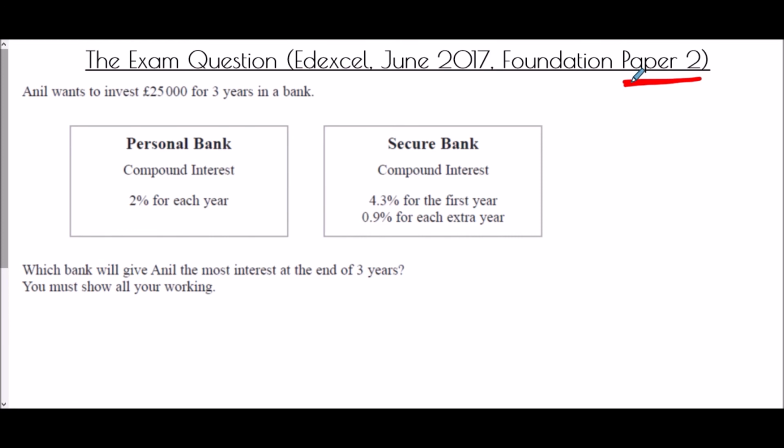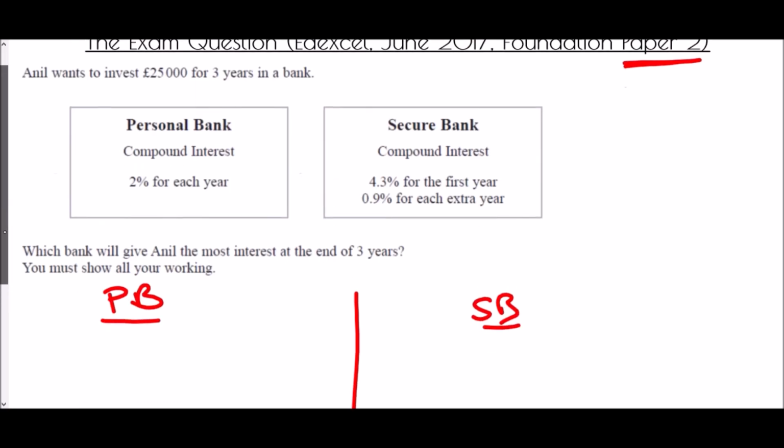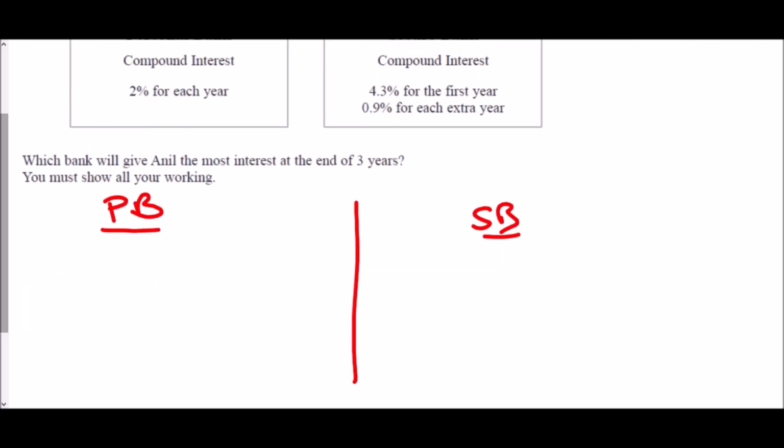Well, again, we've got a choice between two things. So the first thing I'm going to do is split up my page, and I've got Personal Bank and I've got Secure Bank, just so I can keep track of what is going on in each case. Now, Anil has £25,000 to invest. Therefore, for the first one, all we're going to do is 25,000 times by a multiplier.